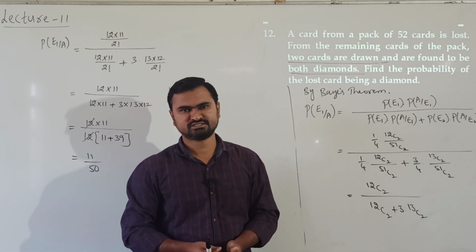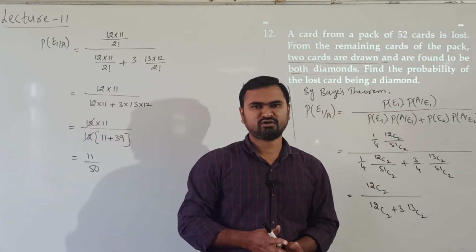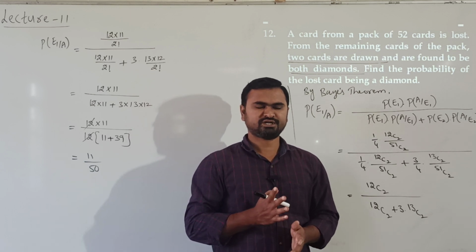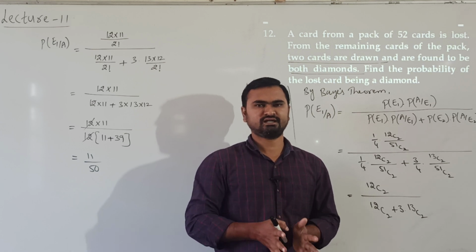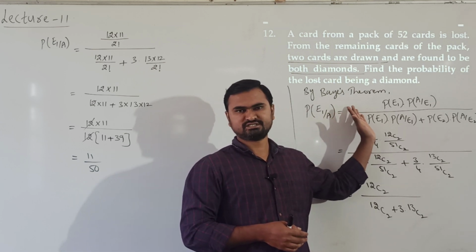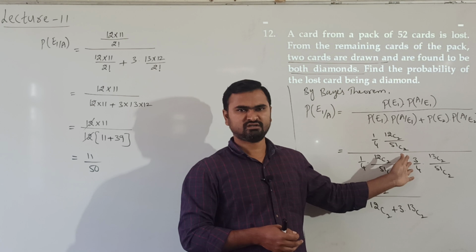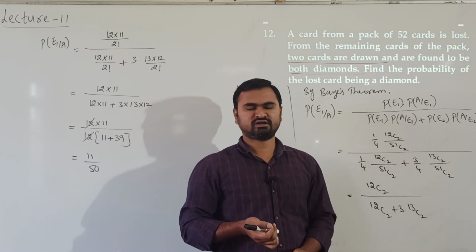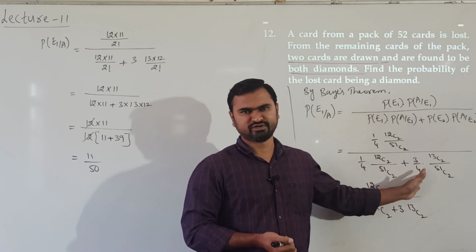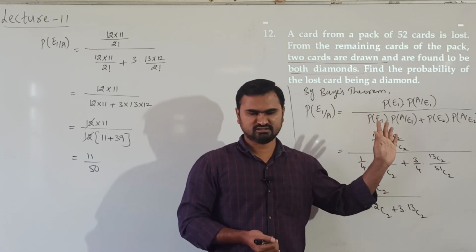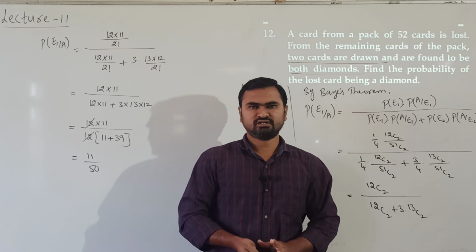So spend more time on understanding the problem. What is given? What is the notation we are going to use? If you know that clearly, solving the problems on Bayes theorem is very easy. So try to understand, try to think and get the idea of what is given and what you have to find. Okay. So these are the problems based on Bayes theorem.